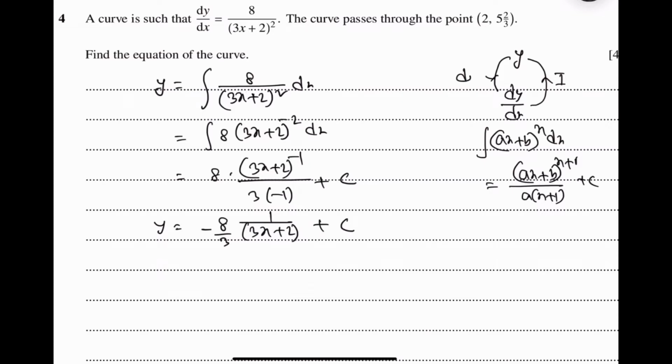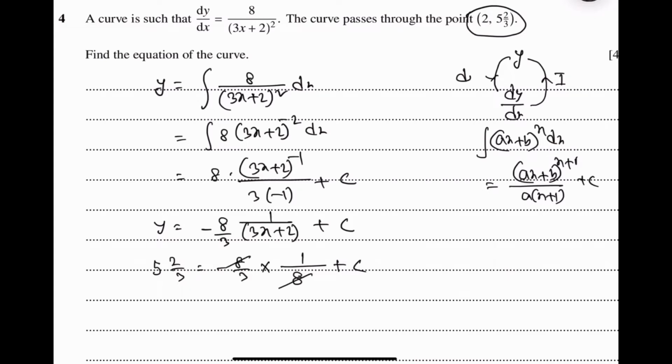Since it is passing through the point (2, 5 2/3), let me substitute x by 2 and y by 5 2/3. So 5 2/3 equals minus 8 by 3, then we put x as 2, so that will be 8 over (3 times 2 plus 2), that is 8, plus c.